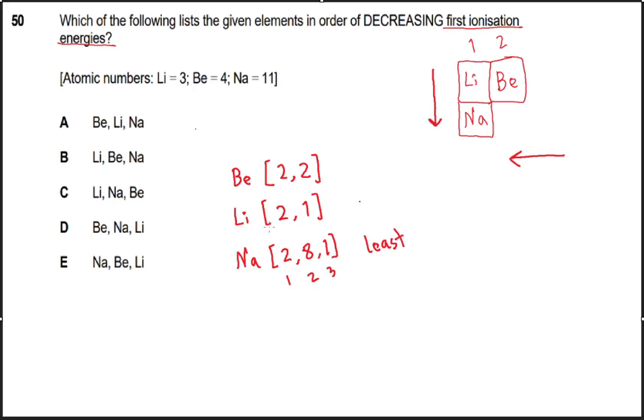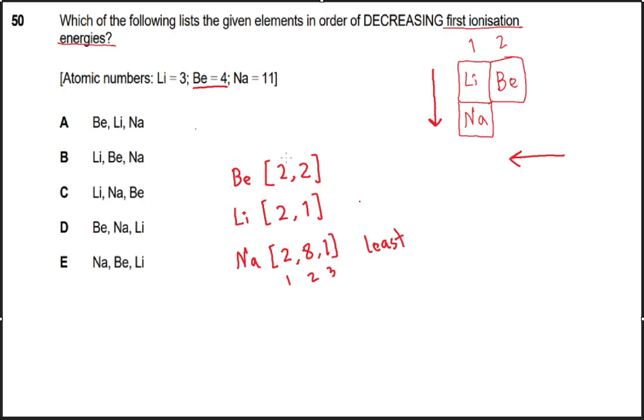Let's go to lithium. Now let's compare lithium and beryllium, since these must have the highest ionization energy since they have fewer electron shells, meaning less electron repulsion. But now we have to compare them since both of them have the exact same number of electron shells. The thing is that beryllium has more protons, since its atomic number is 4 and lithium's is 3.